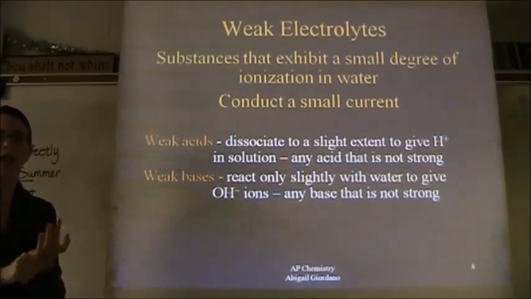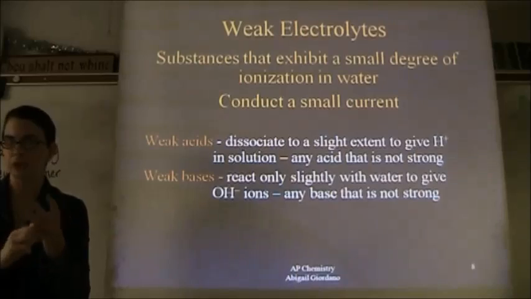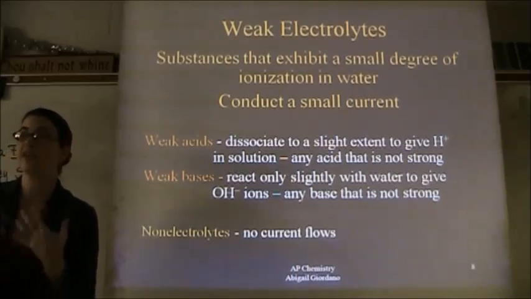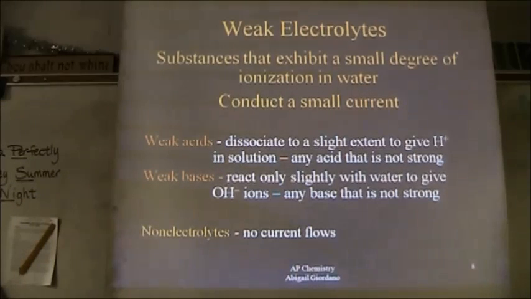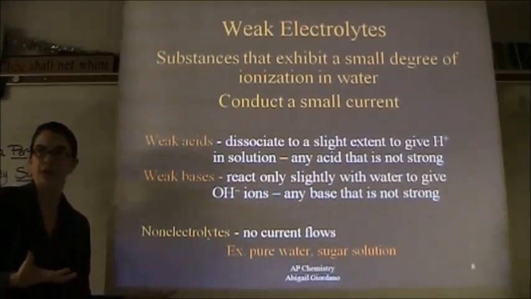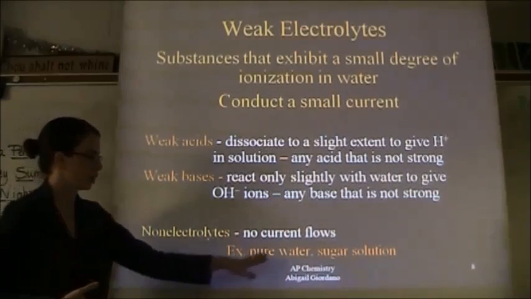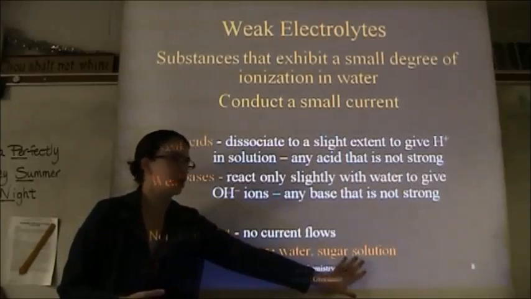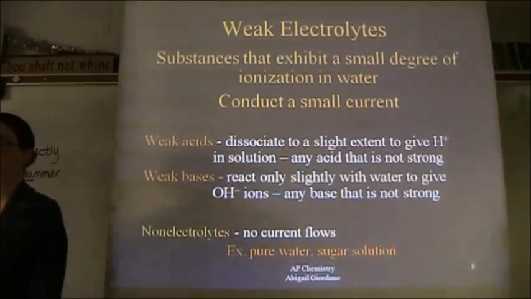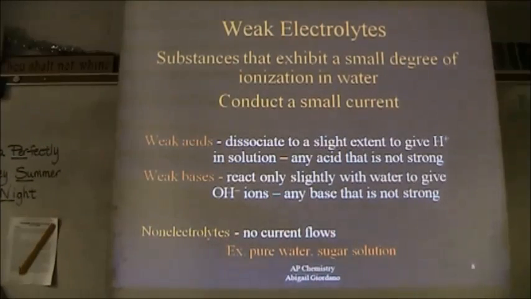So we had strong electrolytes, weak electrolytes. We also have non-electrolytes. Things that can conduct no current at all. Okay? And let's think of some examples here. All right, I'm actually going to go out of order here. A sugar solution. All right?